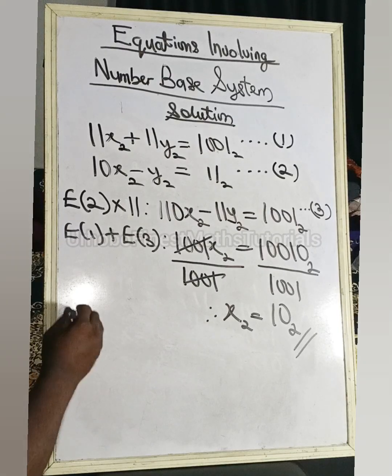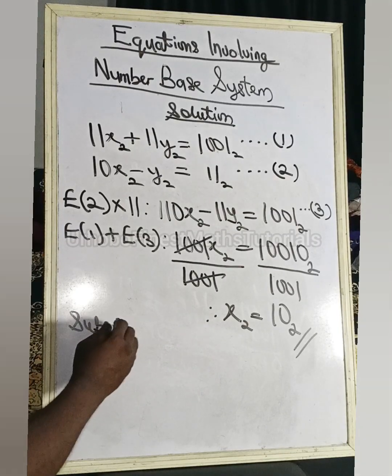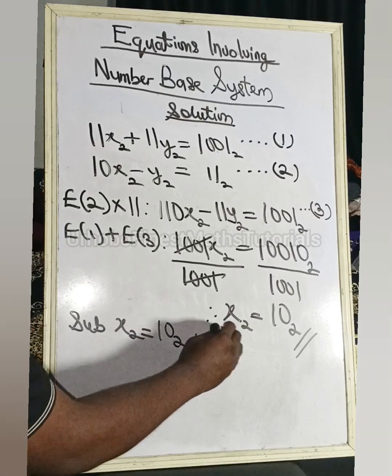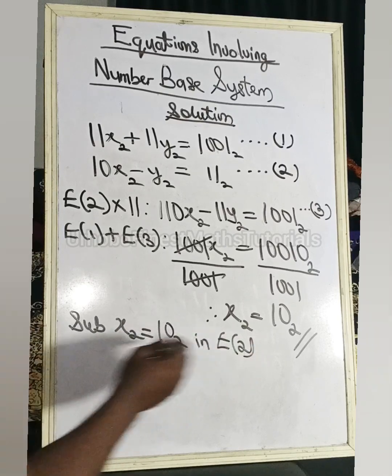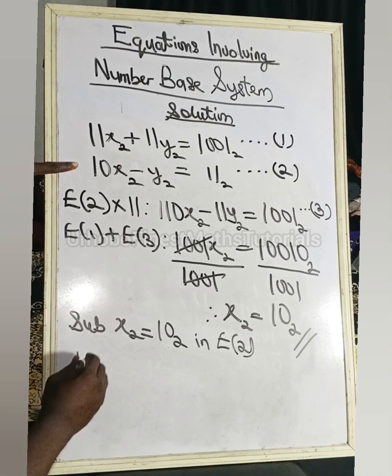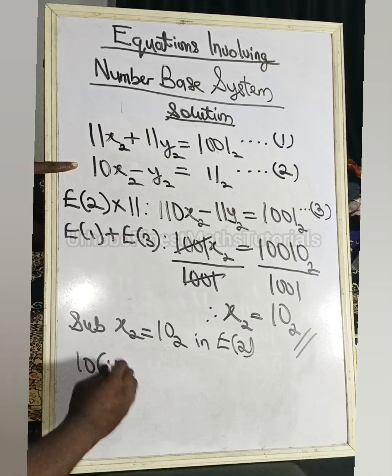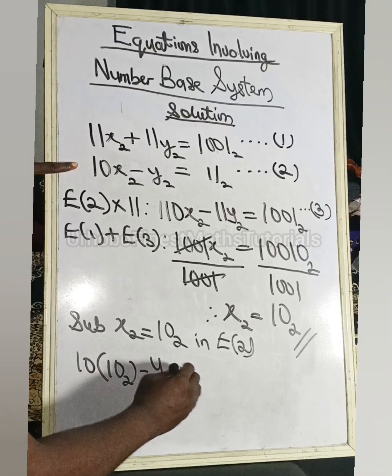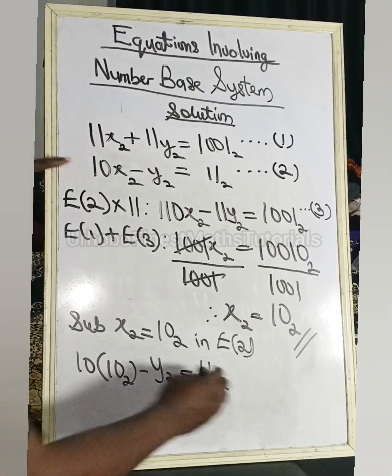So we're going to substitute x base 2 equals 10 base 2 in equation 2. So wherever you see x base 2, you're going to put 10 base 2 here. So that will be 10 into 10 base 2 minus y base 2 equals 11 base 2.